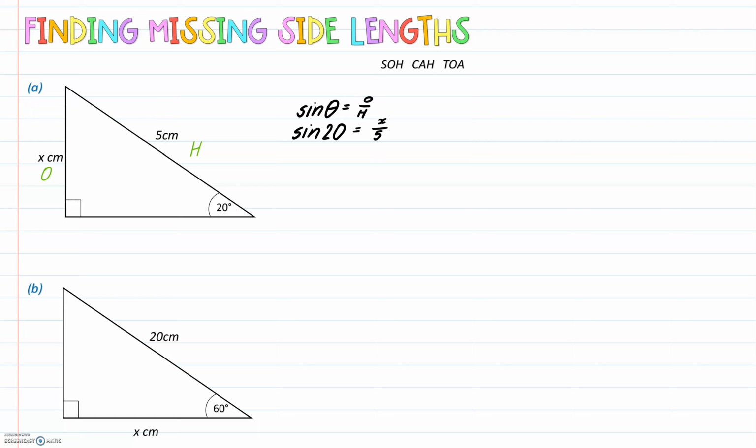So to take the 5 to the other side, we're going to multiply it. So it's going to be 5 times sine 20 equals x. I'm going to pop that straight onto my calculator, and I'm going to round it to 2 decimal places. So x is equal to 1.71 centimetres. That is that question complete.